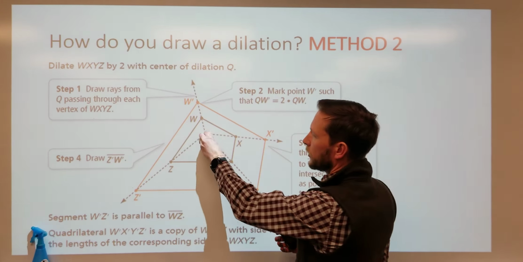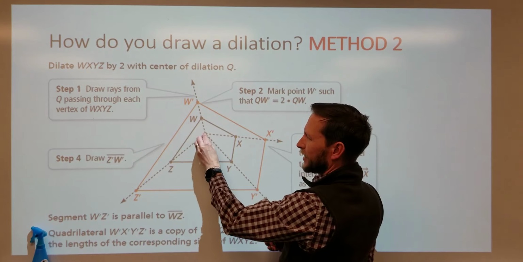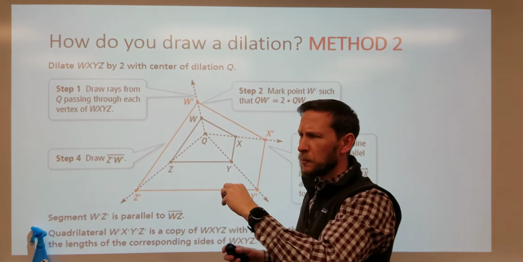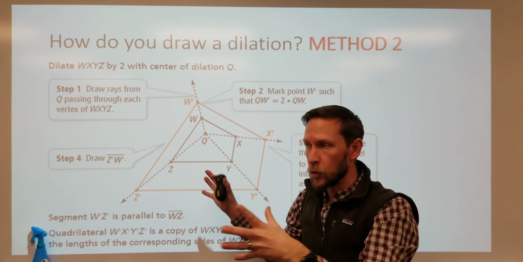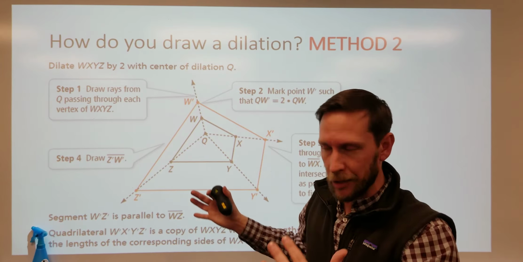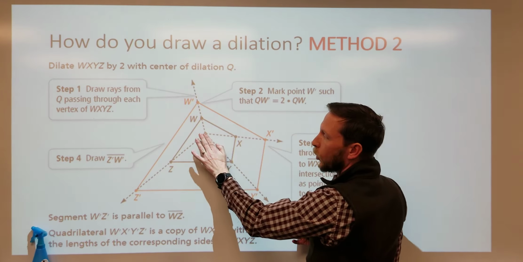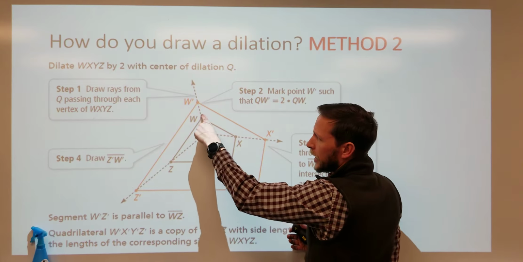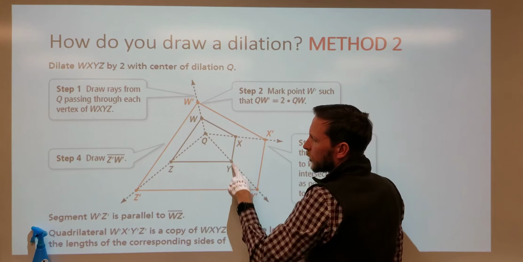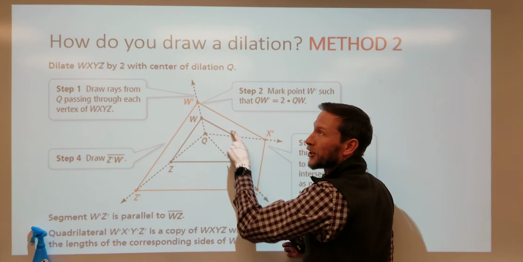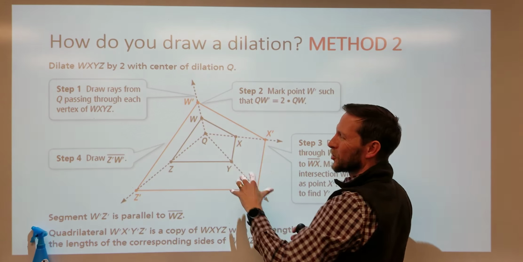Where here in this version, the point of dilation or the center of dilation is inside the figure. The location doesn't matter. Again, you would follow the same steps if it's inside or outside. All right, but here, point Q is our point of dilation, and our pre-image is WXYZ, this quadrilateral.